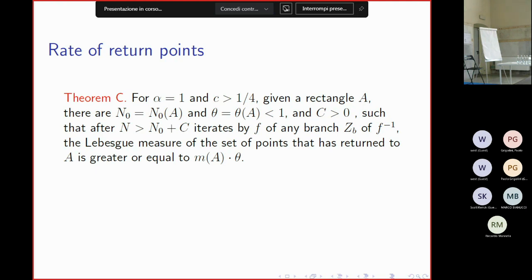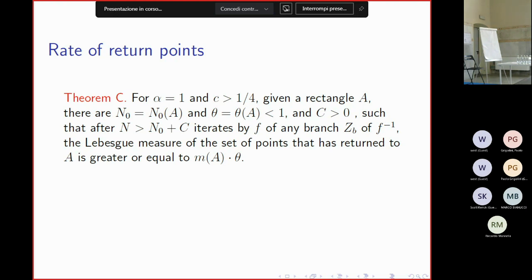For instance, to study the transfer operator, and usually there is this method using the transfer operator, a very powerful technique, which was used by Liverani and co-authors to prove decay of correlations.